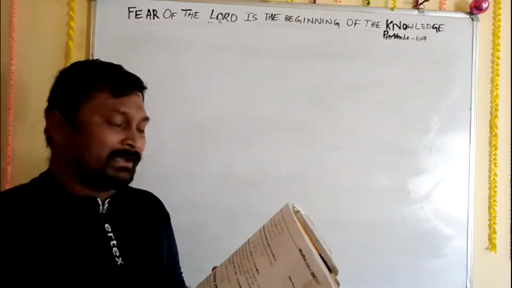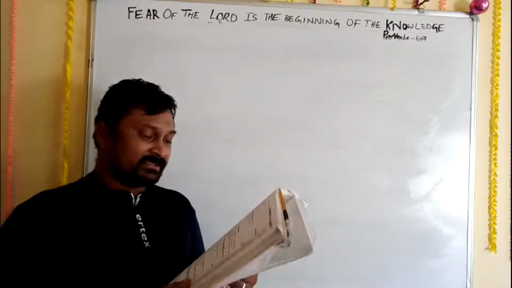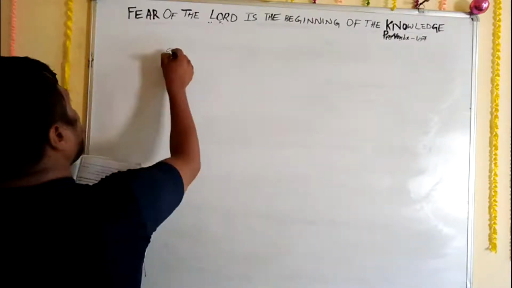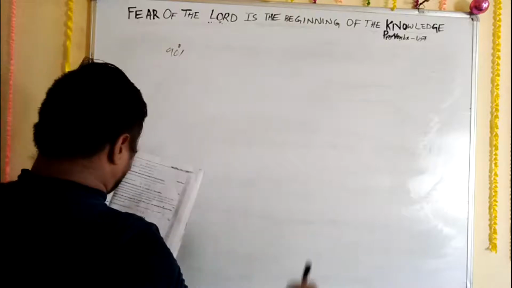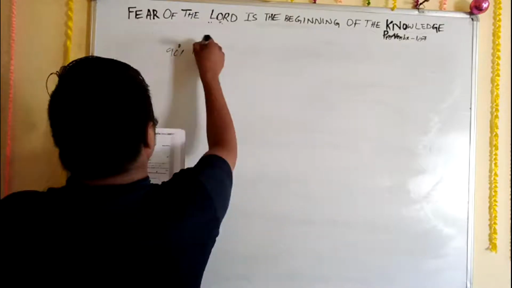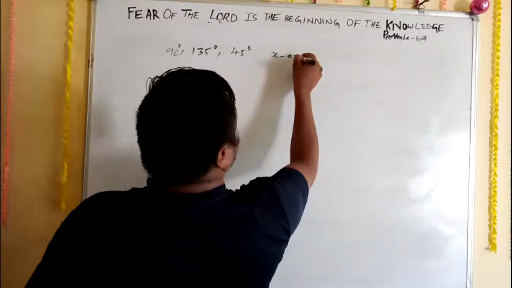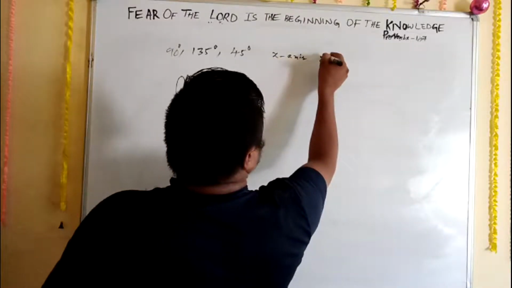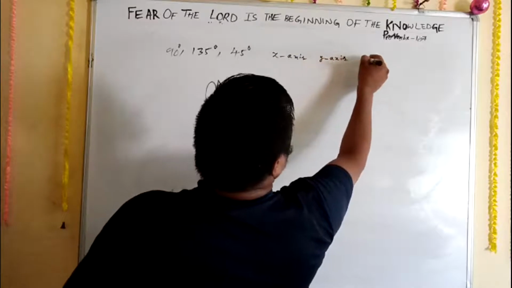If a line makes the angles 90 degrees, 135 degrees, and 45 degrees with the x-axis, y-axis and z-axis.